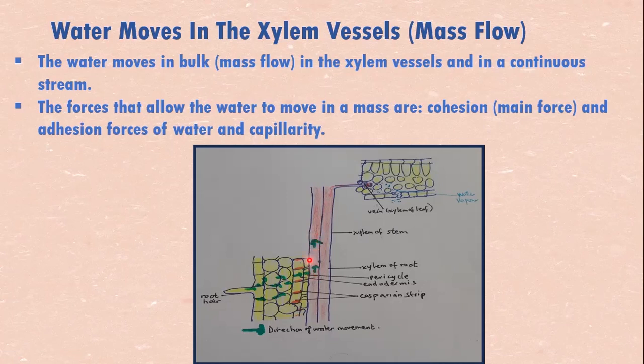So as the water has been drawn because of the forces we mentioned, hydrostatic pressure, tension, water potential, the water is drawn from the soil water, and the water has to move through the cortical cells and moves by mass flow.